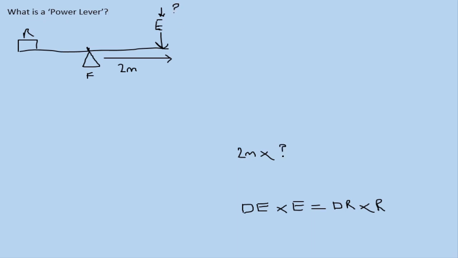I'm not going to tell you that straight away. It is the same as the distance of the resistance, so I'm going to say that's also 2 meters times the resistance itself, and I'm going to say that is 10 kilograms.